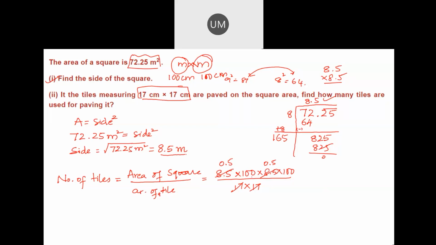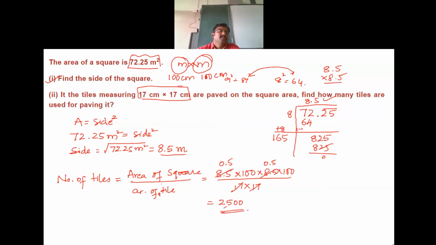So 0.5 into 100 is 50. Multiply by one more 50, 2500. So 2500 tiles are used to pave the square area, which is 72.25 meter square. Understood?